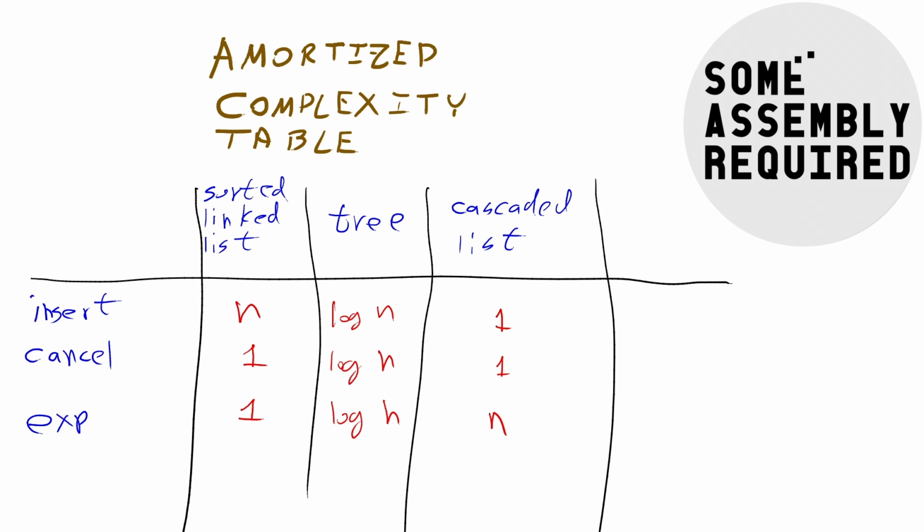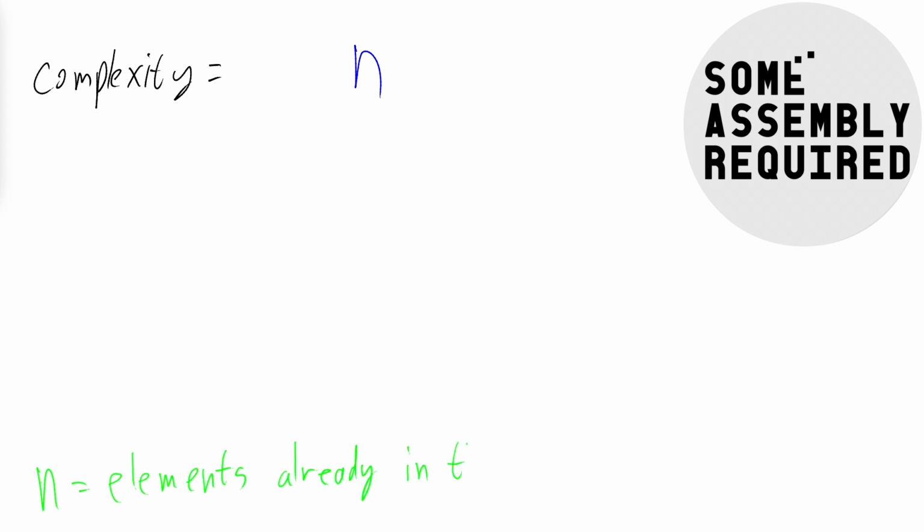Before we look at the cascaded time queue case, let's look at the linked list example again. What's the complexity of inserting big N elements into a sorted linked list? Answer: the worst case for each such insertion is O of little n, where little n is the number of elements already there. So the complexity for inserting all big N elements into the list is the sum of the arithmetic progression running from 0 to big N minus 1.